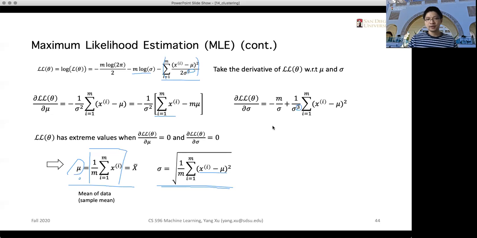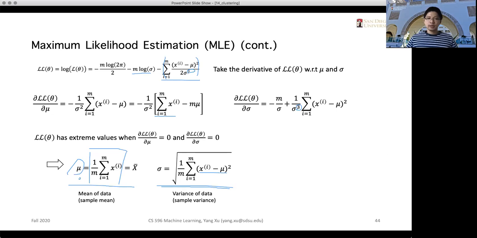So we actually simply need to compute the mean of the data, which is the sample mean. In theory we don't have access to the whole set of all the possible data points. All we have is a sample, and we have the sample variance. So these may remind you of what you learned in statistics classes.